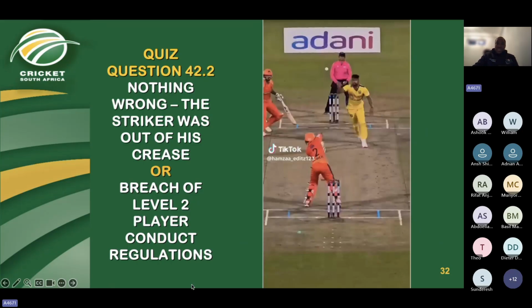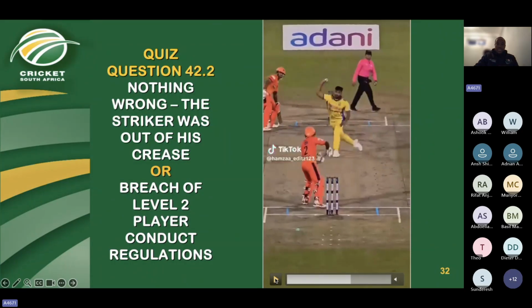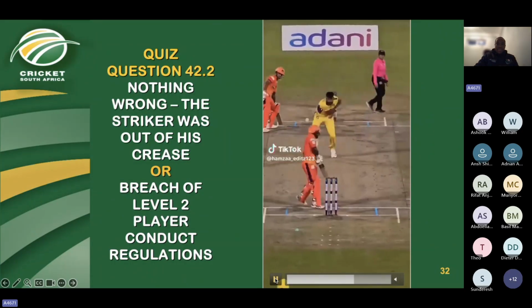But you've got to look at the throw and wonder, is this bowler aiming at the stumps or is this bowler aiming at the batter?